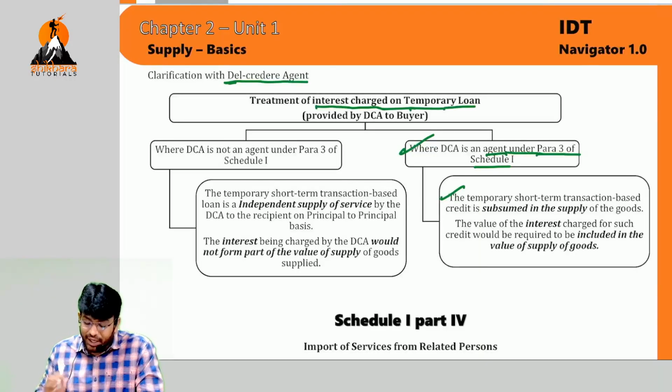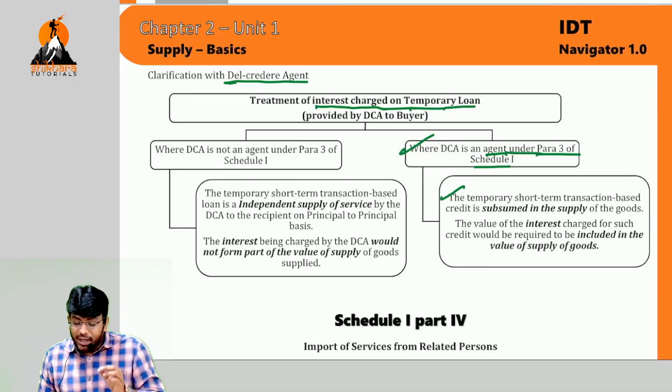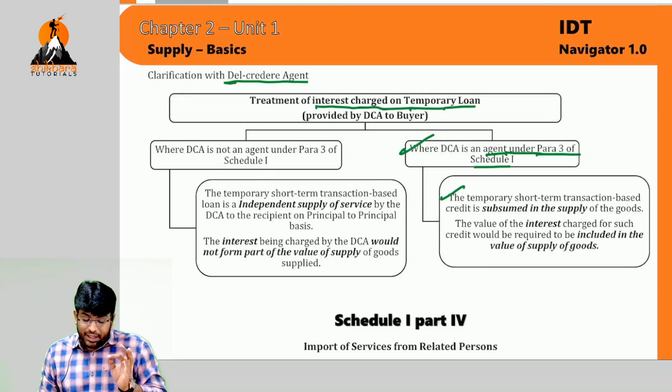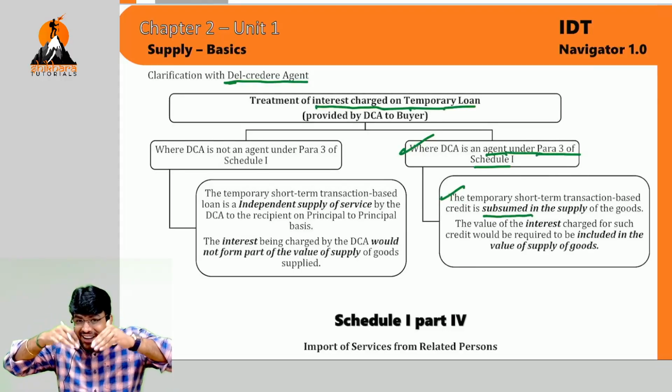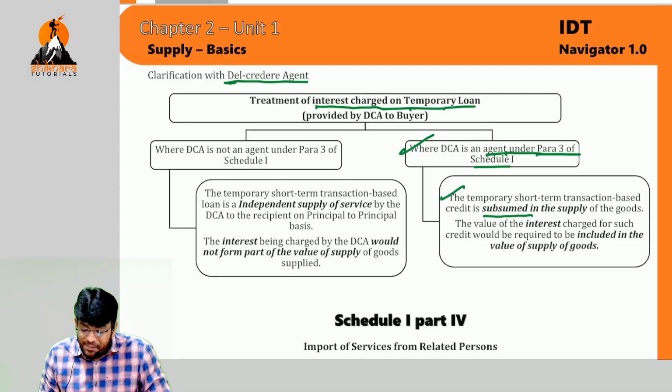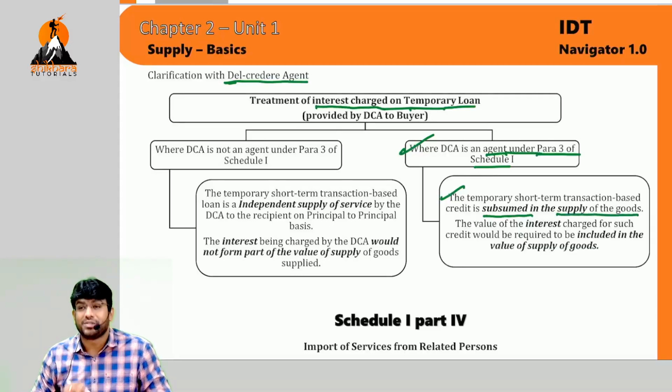Now read the line. The temporary short-term transaction-based credit. I repeat one more time. Short-term transaction-based credit is subsumed. We know what is subsumed? Included in the supply of goods. Getting the point?